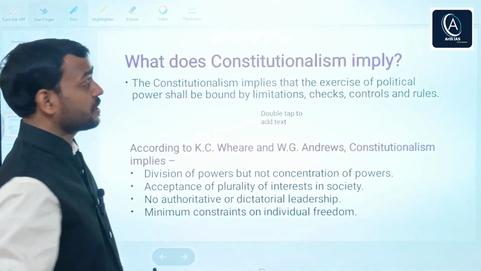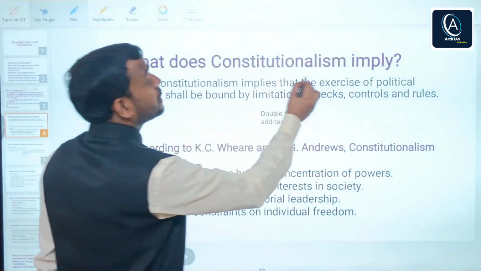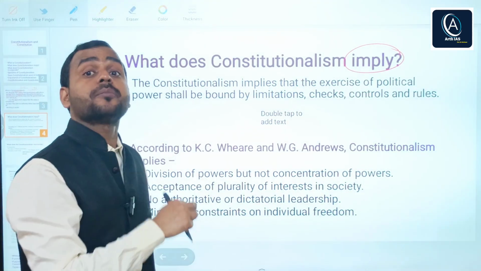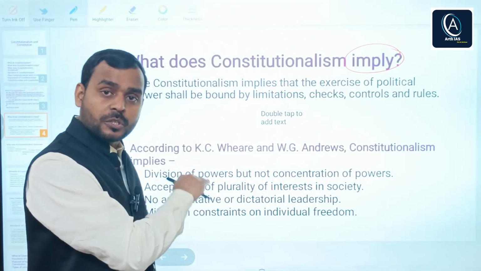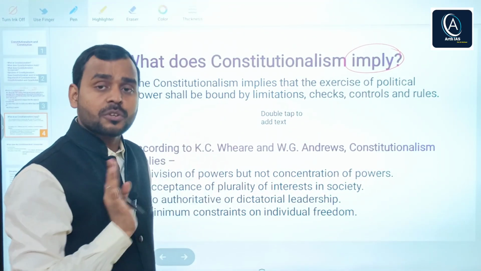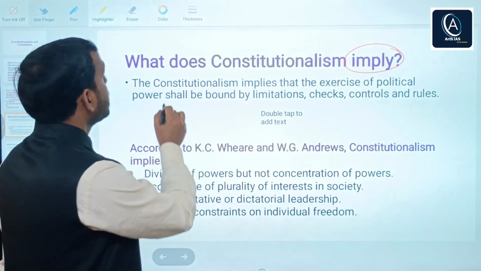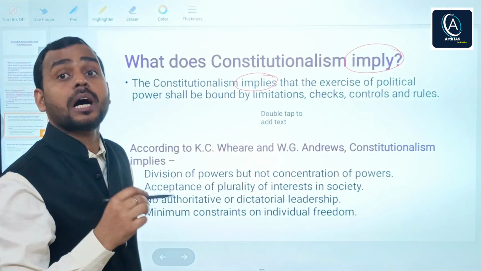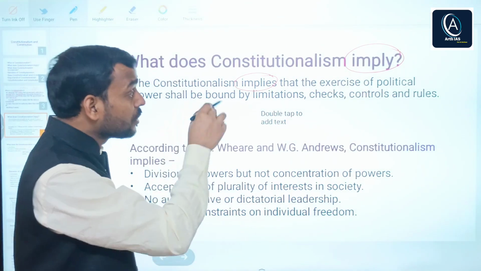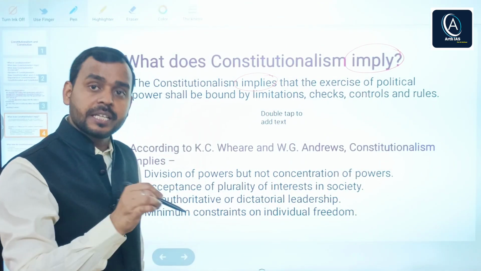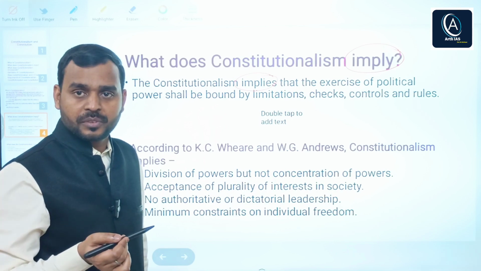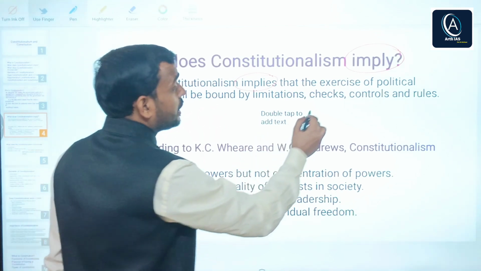So next, what does constitutionalism imply? How will you find out whether constitutionalism exists in any country or not? What are the elements, what are the signs?